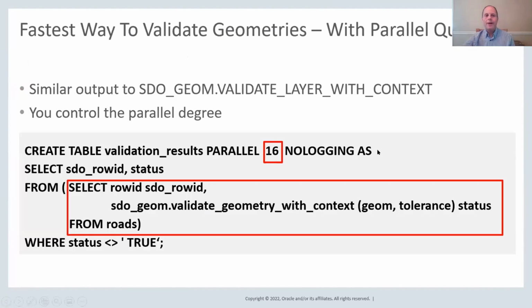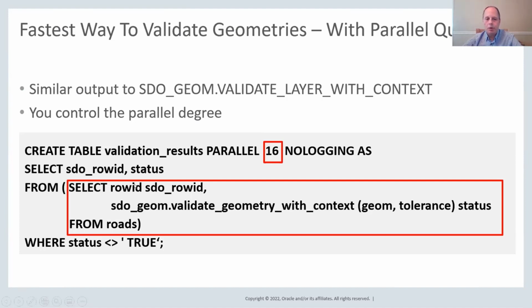The fastest way to validate geometry, so it's all about performance, right? If you have lots of geometries that you want to validate, this is a very similar approach to calling the function geom.validate layer with context. But by doing it this way, you will get the best performance. The inner select here in the red box is basically taking all of my roads and pumping it into the validate geometry with context.